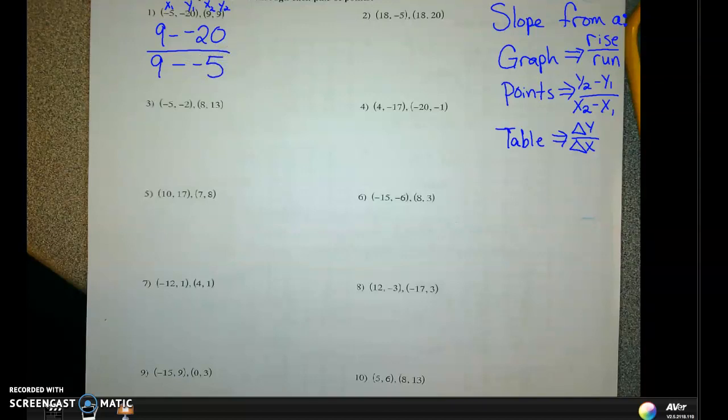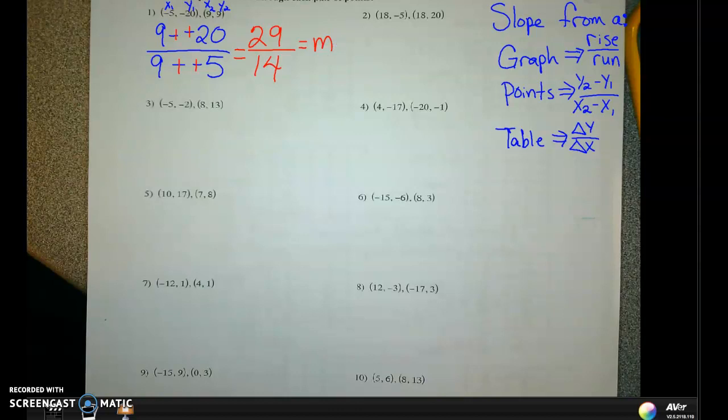Now we work it: minus a negative is a plus, minus a negative, plus. So 9 plus 20 is 29, divided by 9 plus 5 is 14. That does not simplify, so that equals the slope.